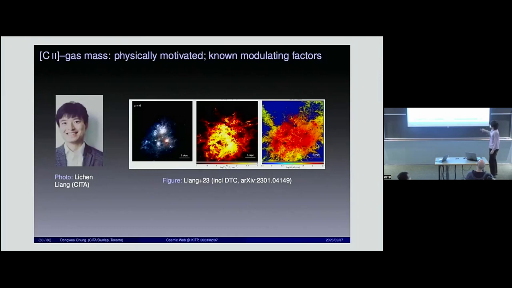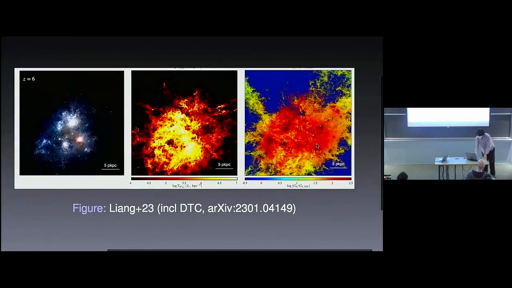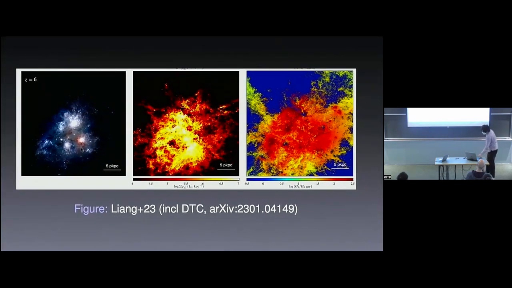As an example, I'm showing you a snapshot of a FIRE galaxy at redshift 6, in optical basically, then in the middle panel the C2 surface density, and on the right-hand side the interstellar radiation field. And you can see, right, the C2 isn't just coming from regions of star formation, it's coming from everywhere across this mess of a galaxy.